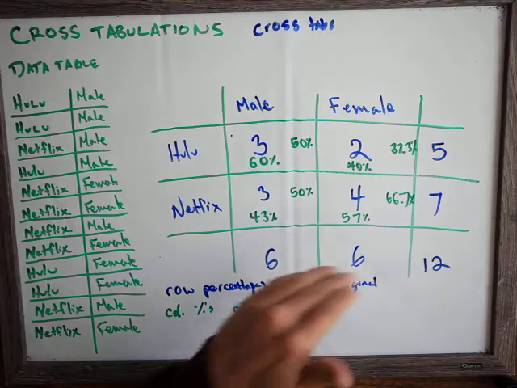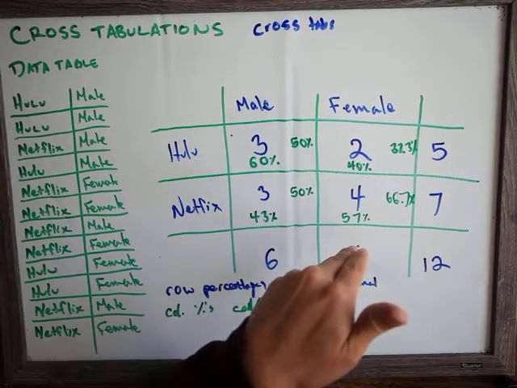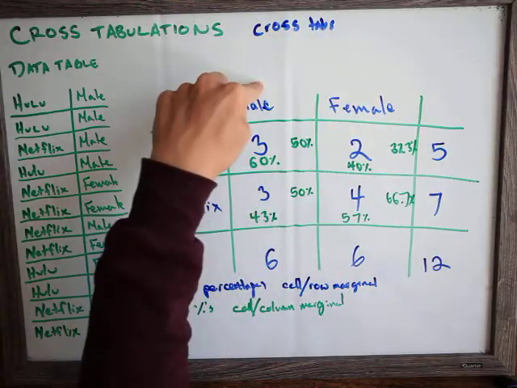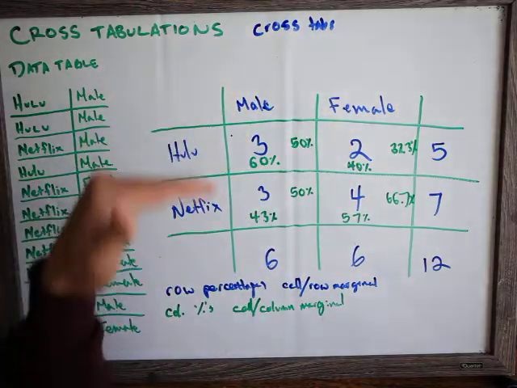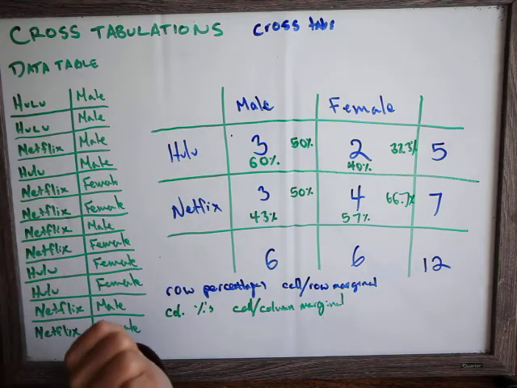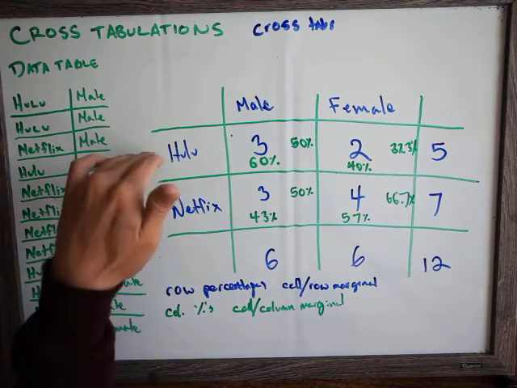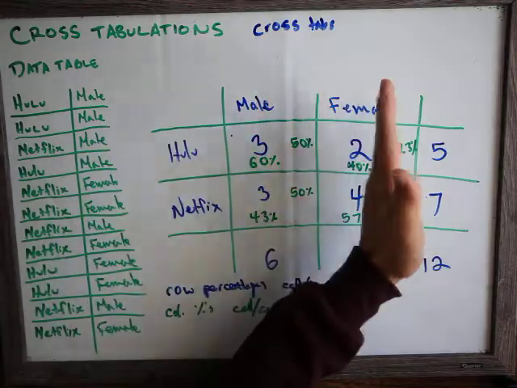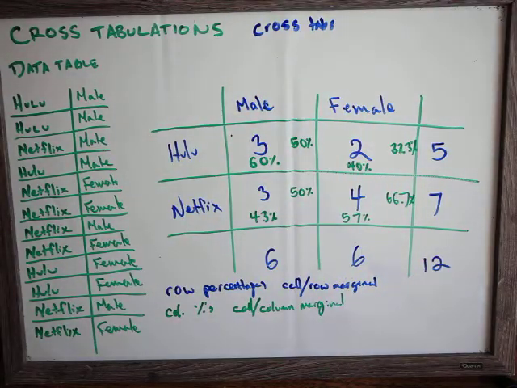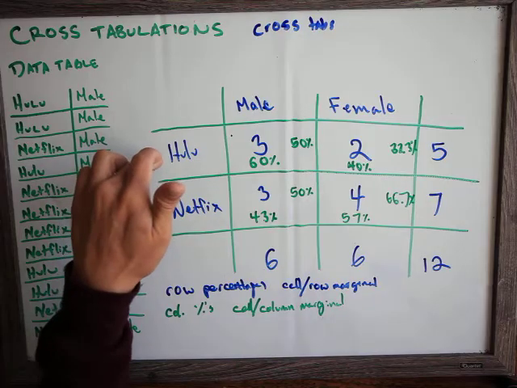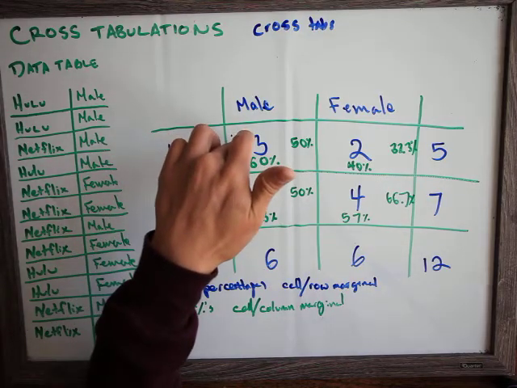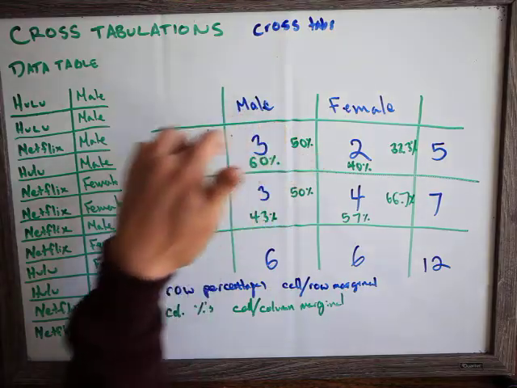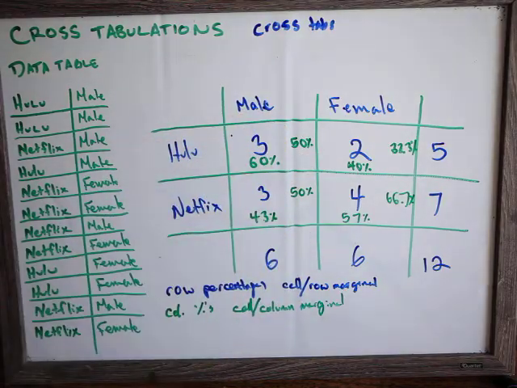So column percentages tell you what percent of the column variable is in each of the row variables, and row percentages tell you what percent of each row variable is in each of the column variables. So Hulu watchers, 60% of them are male, 40% of them are female. Males, 50% of them watch Hulu and 50% of them watch Netflix.